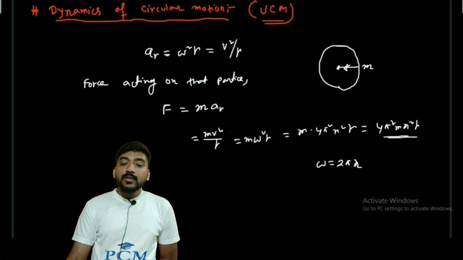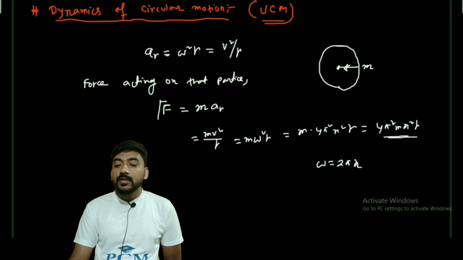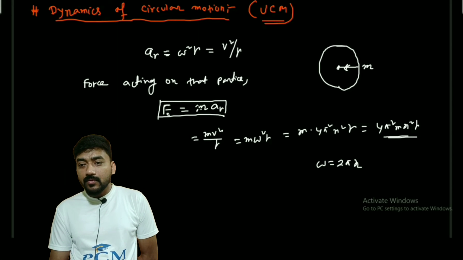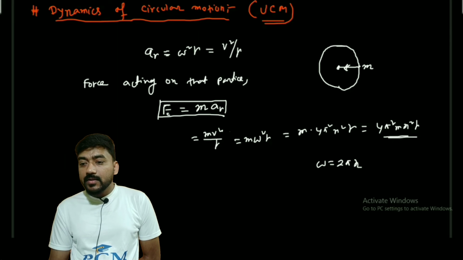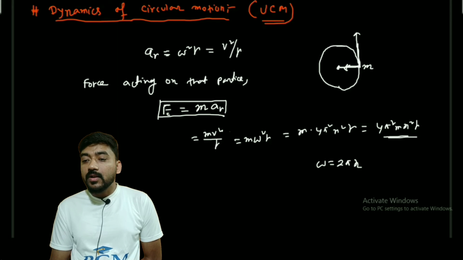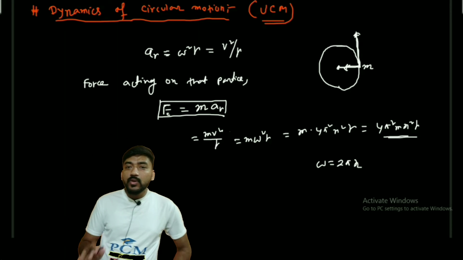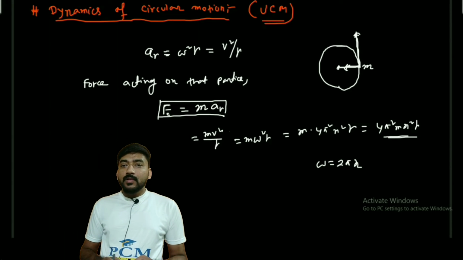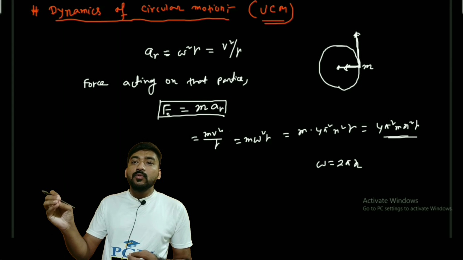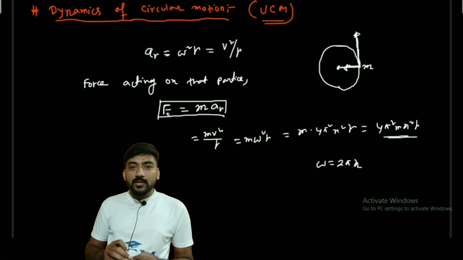Now what is the physical significance of this force, Fc, the centripetal force? At every point the velocity is along the tangent. So when the particle moves, it wants to go along the tangent. Let me give you an example: suppose you have a rope with some object at its end.